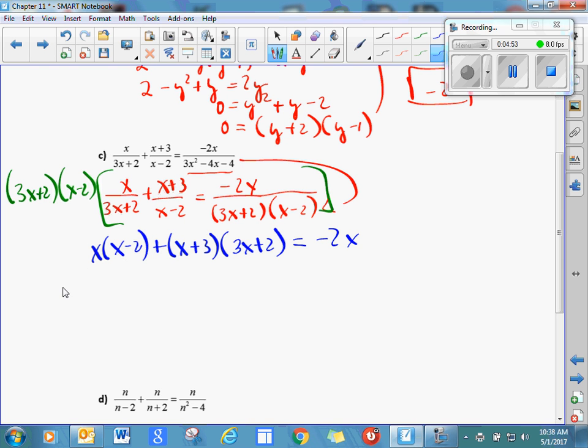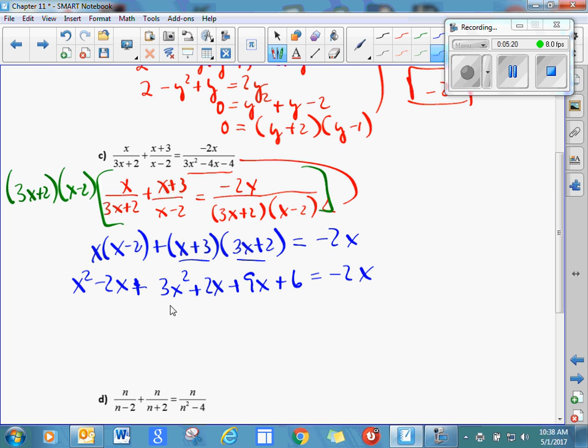All right, so here we go. Clean this up. Distribute. X squared minus 2x plus x plus, sorry, double distribution. Got ahead of myself. So when I double distribute this guy and this guy, you get 3x squared plus 2x plus 9x plus 6, all equaling negative 2x.